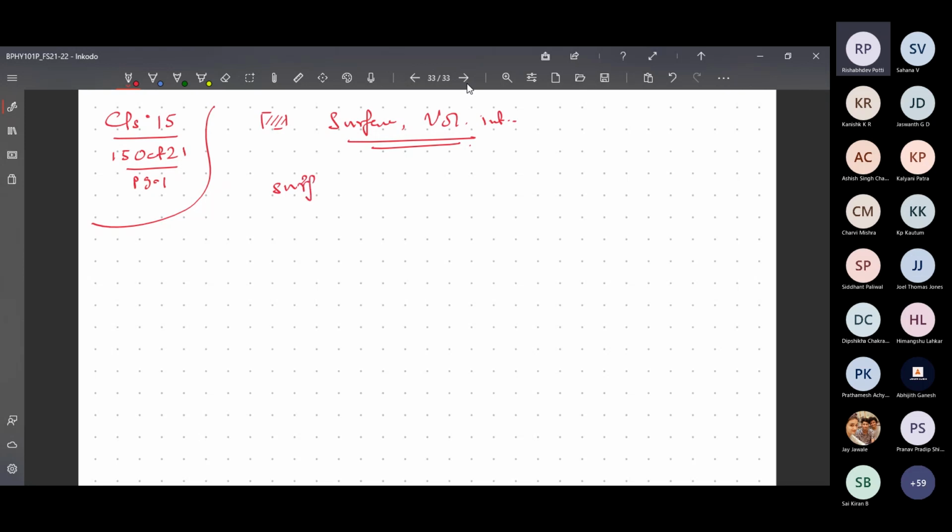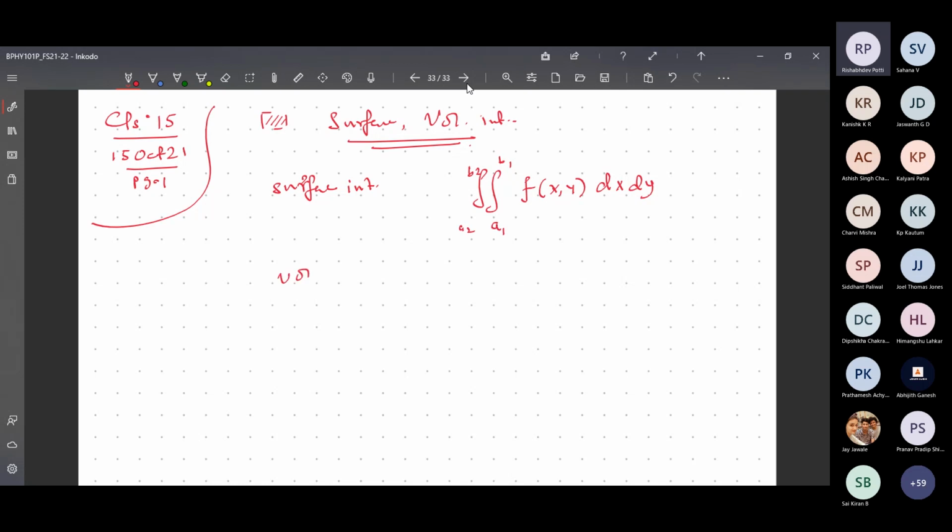Surface integration means a double integration. Let's say I have a function with some variables a1, b1, a2, b2. This is a kind of surface area. A double integral you can think of as a surface integral.